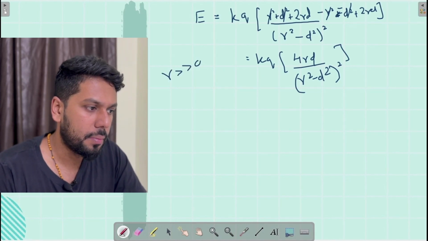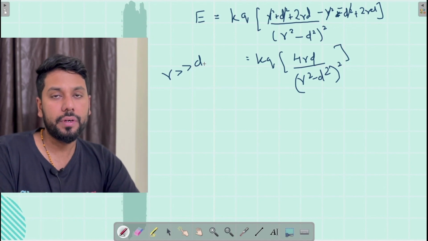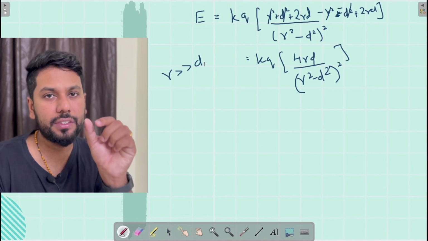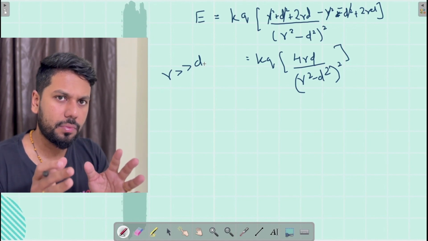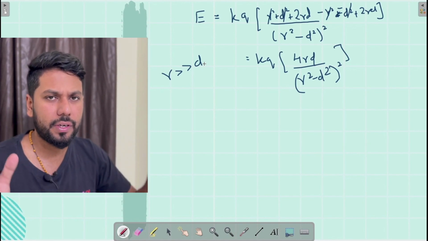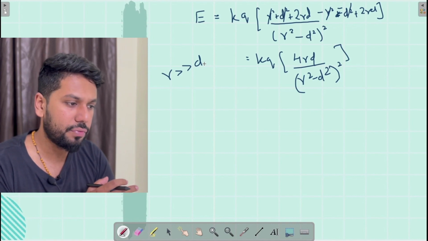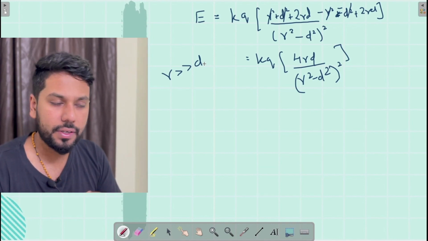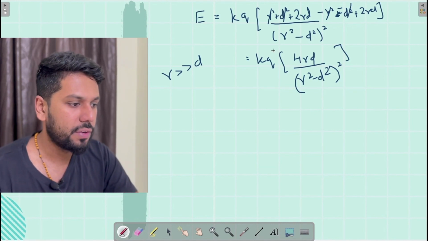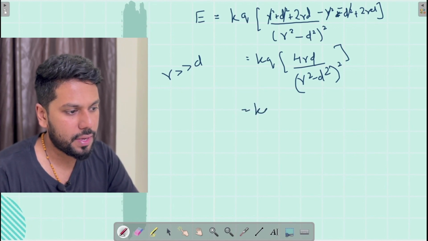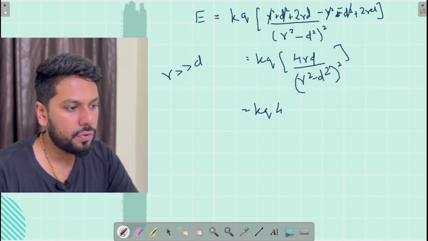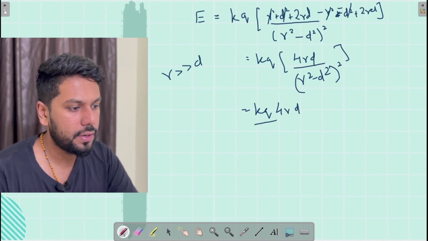Because in the example of a dipole itself, we say that D is very small. So I will assume R, the distance of the point, is very much greater than D. It's going very far. So hence in that case D can be ignored. If I ignore D, I will be having something like this: KQ, 4RD divided by R power 4.